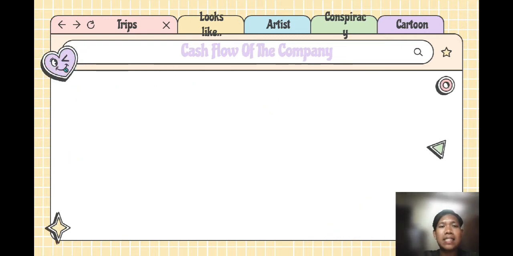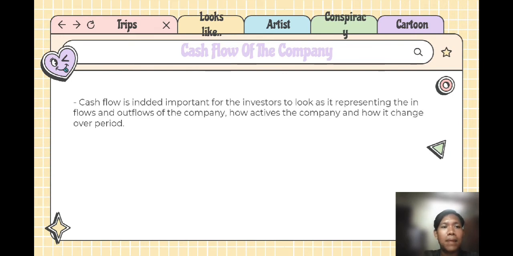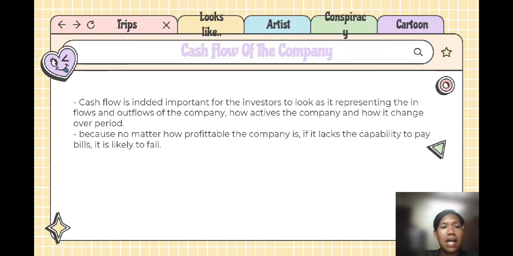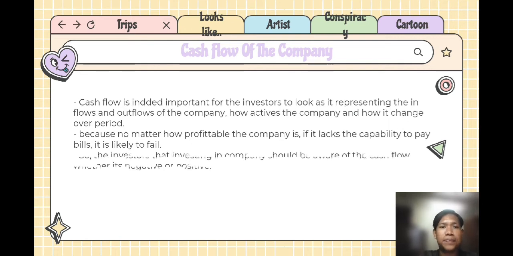So this is the summary about why we should look at the cash flow before investing in a company. Cash flow is indeed important for investors to look at, as it represents the inflows and outflows of the company, how active the company is and how it changes over a period. Because no matter how profitable the company is, if it lacks the capability to pay bills, it is likely to fail.